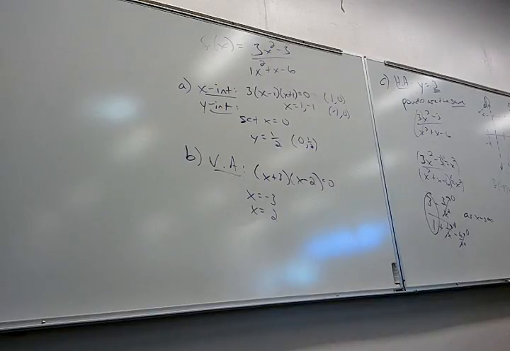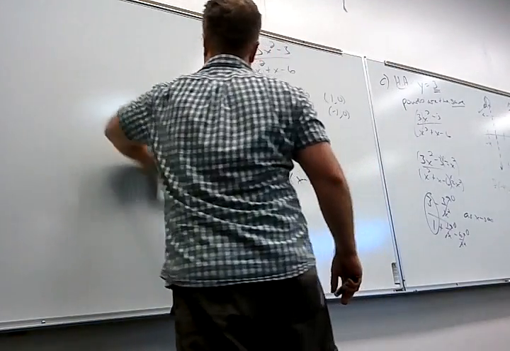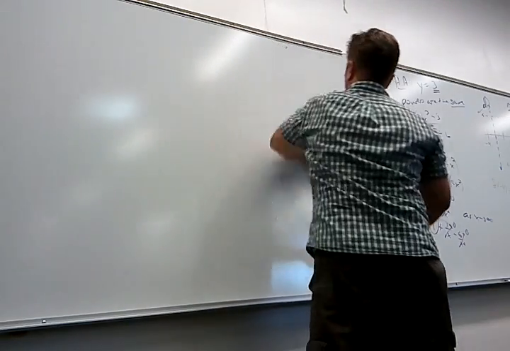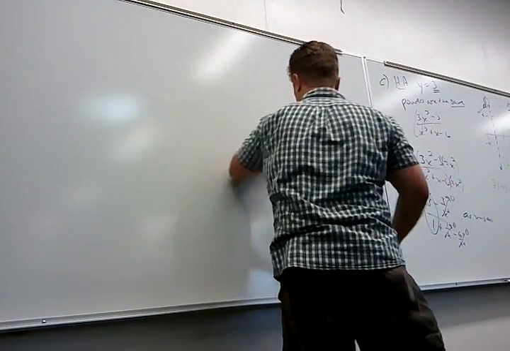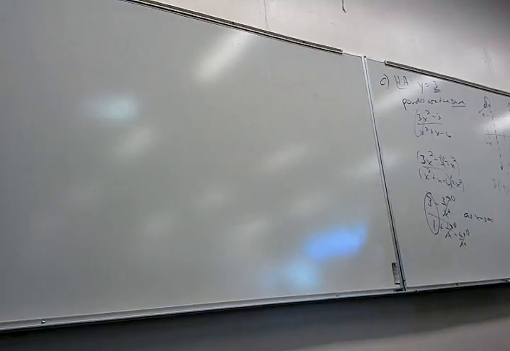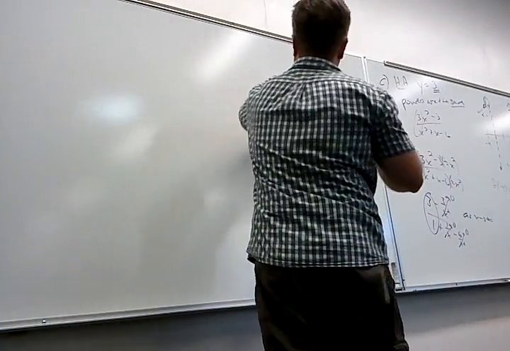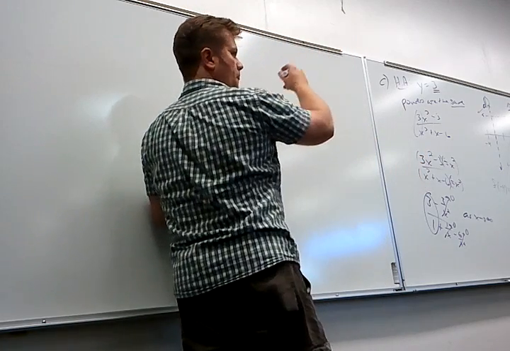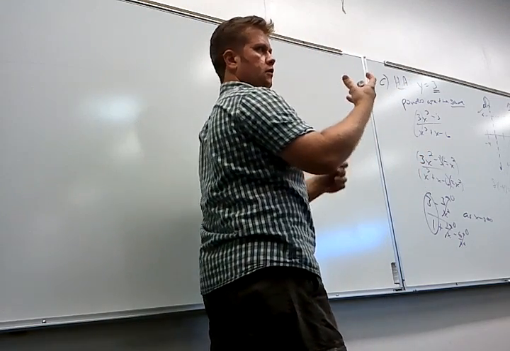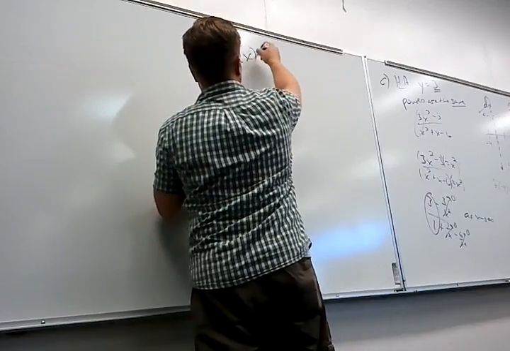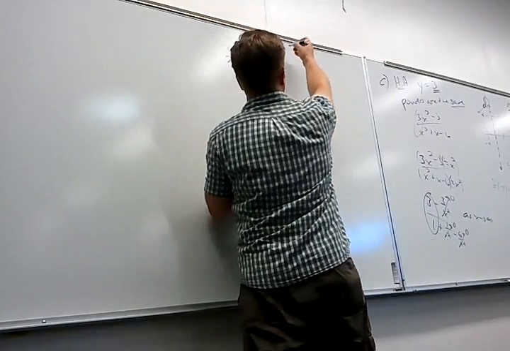I want to talk about slant asymptotes real quick, and then I want a little preview of chapter 4, to see what you guys already know. Here, let me do this. If you have your graphing calculator still, plot this in your graphing calculator.